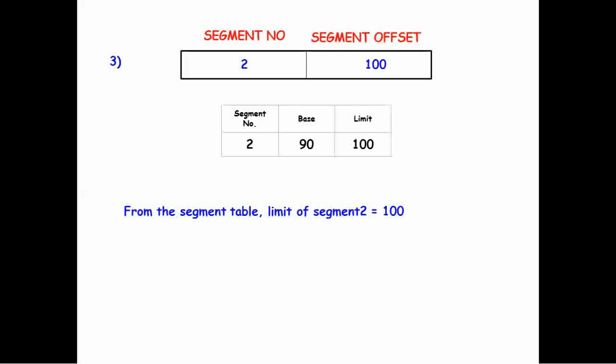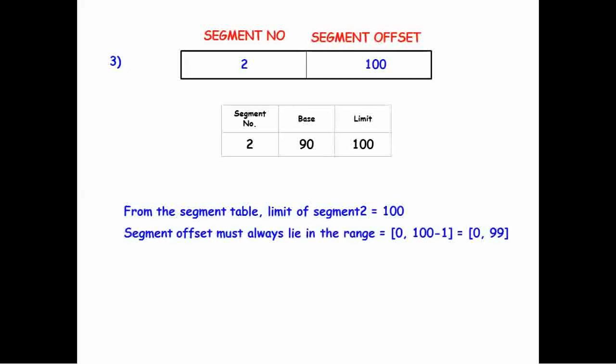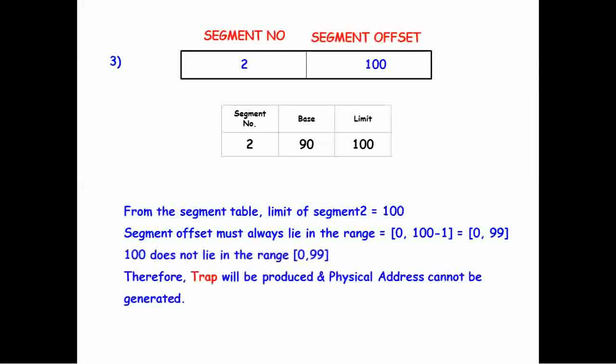What is limit minus 1? Limit is 100. 100 minus 1 will be 99. So the segment offset must lie in the range 0 to 99. The segment offset for the given problem is 100. 100 does not lie between 0 and 99. So a trap will be produced and the physical address cannot be generated for the given virtual address. So this is the explanation for the given problem.